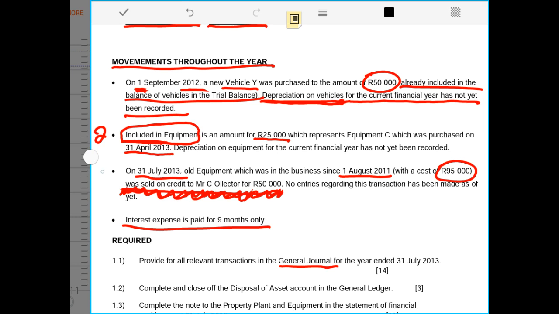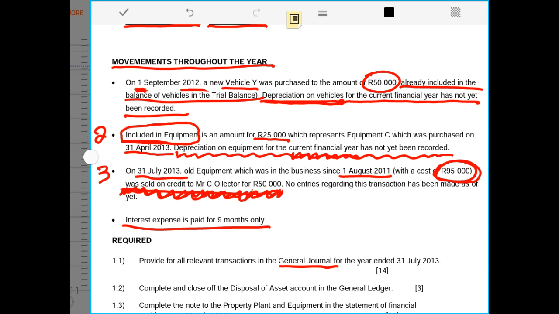The second one, we're told that there was equipment that was sold during the current accounting period, and the cost for that equipment was 95,000 rands. And we were told under number 2 again that depreciation on equipment has not yet been accounted for, which is depreciation for the current financial year.